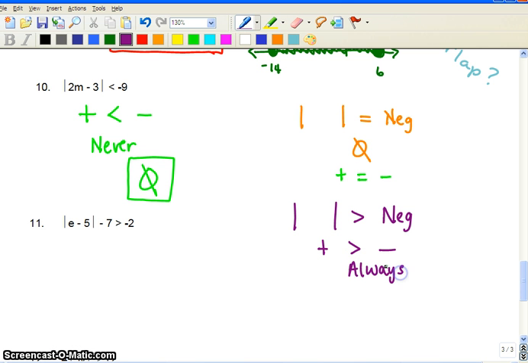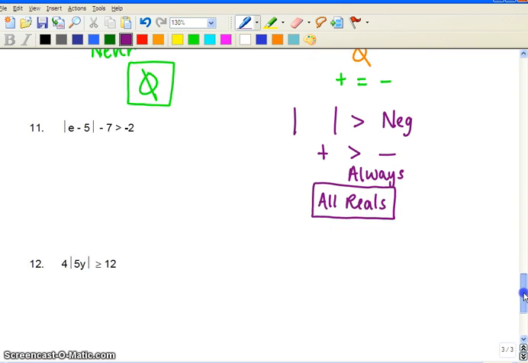If it's always true, does it matter what we put in here? No matter what we put in this little thing, it's going to be positive. It'll be bigger than this negative number. So we would write all reals. Meaning everything we can think of will work in this problem. So those are your three cases. Those are your three special cases. That's our step 2. If we can do that, we'll save a lot of work.